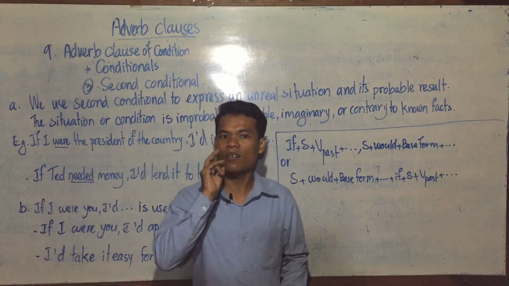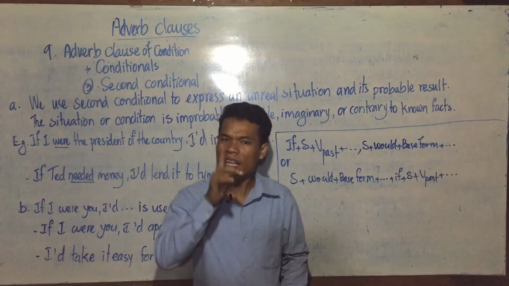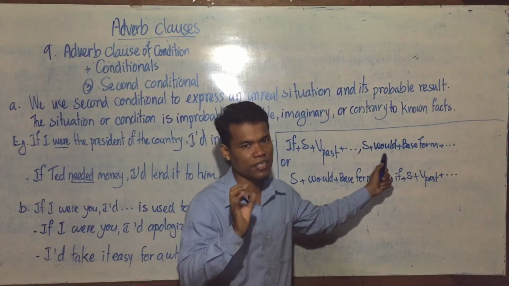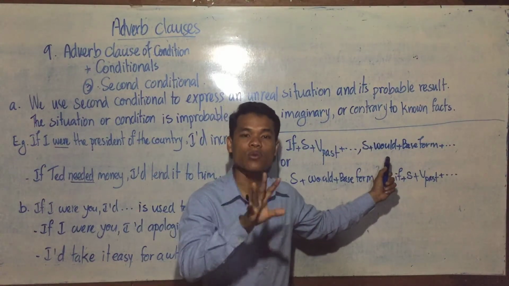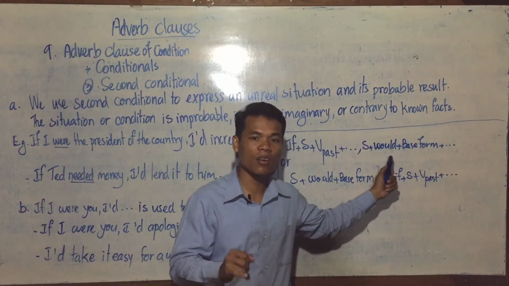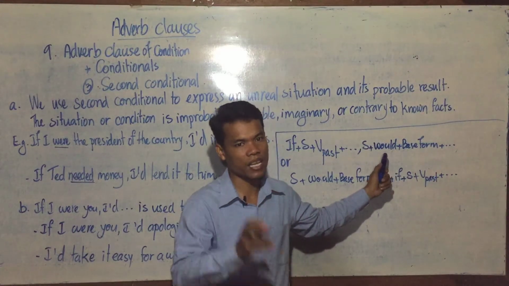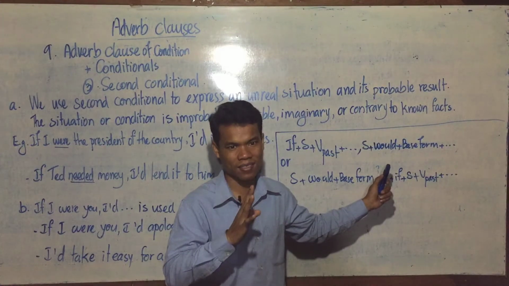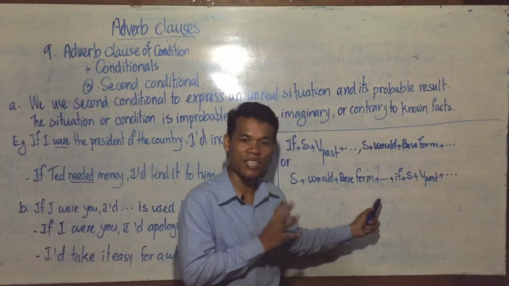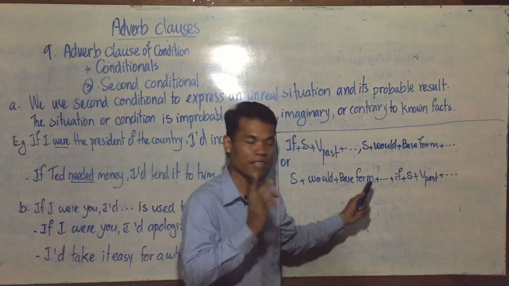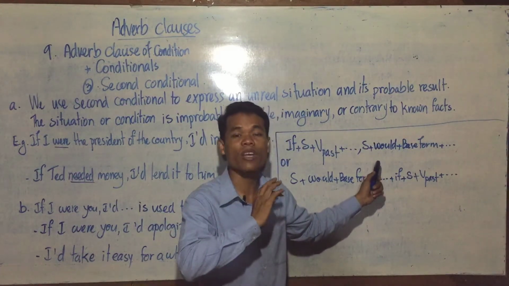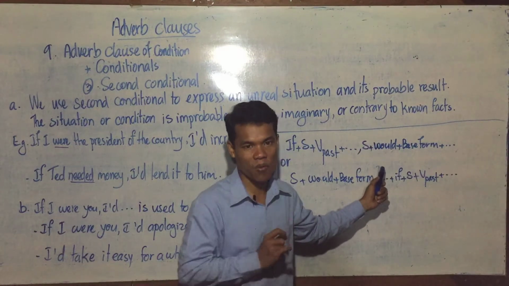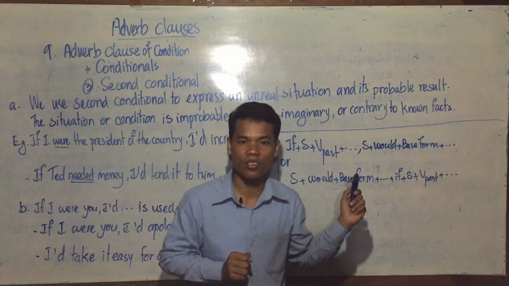For first conditional, in our main clause we use will. But in the real situation, we can use in second conditional could and might, in first conditional can, may, and must. So this is the form. It does not mean that there is only would. No, it's more than would.